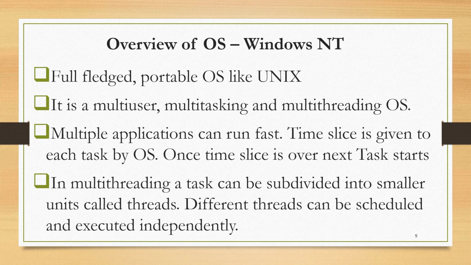That is called a time slice given to each task. Once one time slice is over, the next task starts. Some timing, in terms of seconds, is given to process 1 on the CPU. The CPU does the job and it comes out of the memory, then process 2 goes inside the memory. This way, time is divided among the processes.